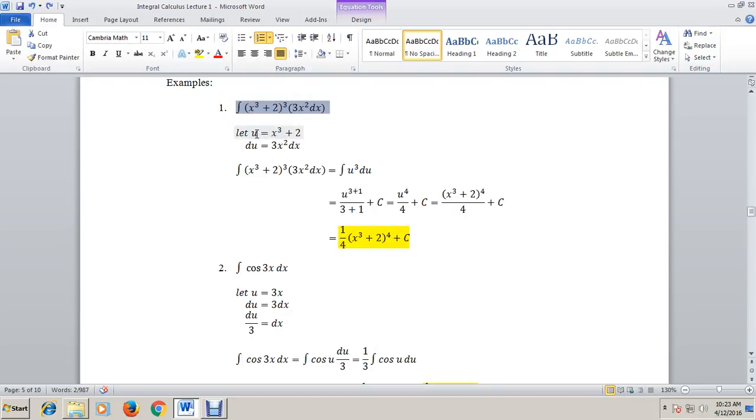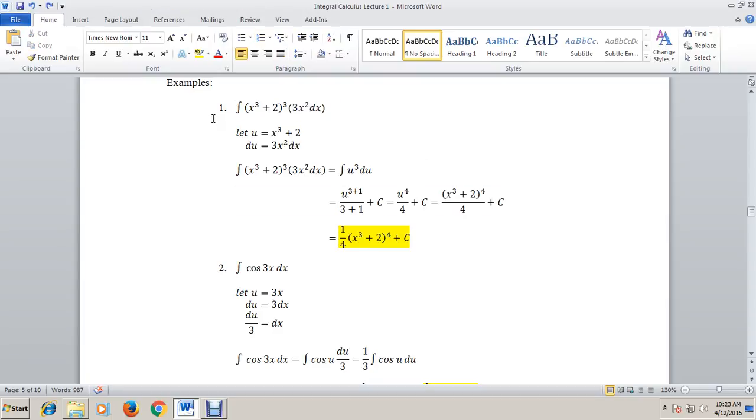Once you have decided which part of your integrand would be u, you can proceed with finding du, hopefully so that the resulting derivative of your expression would result in the part of your integrand which is equivalent to du.